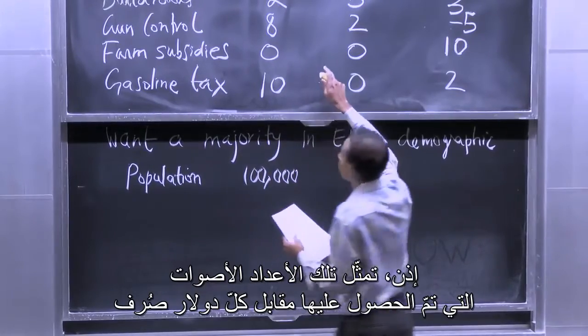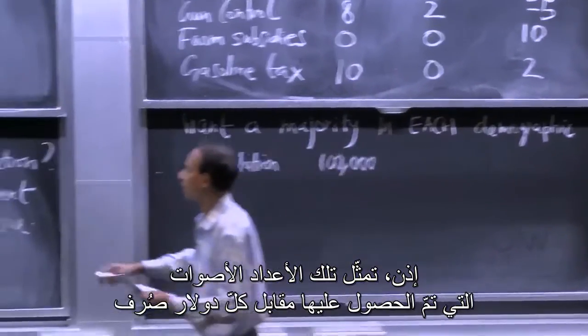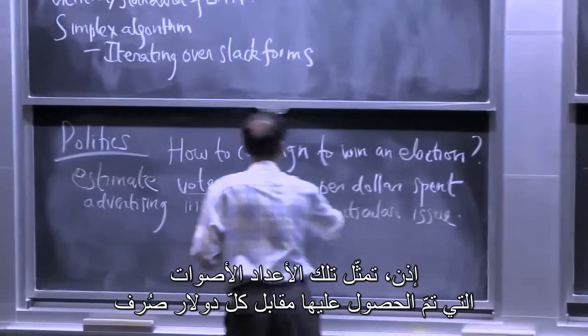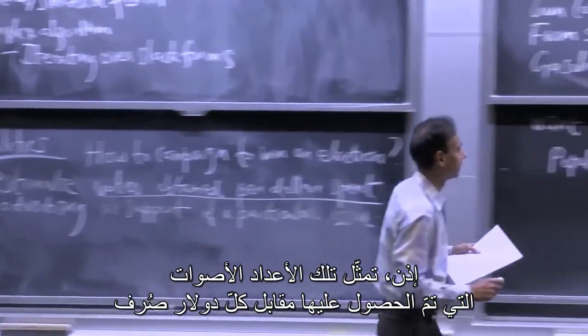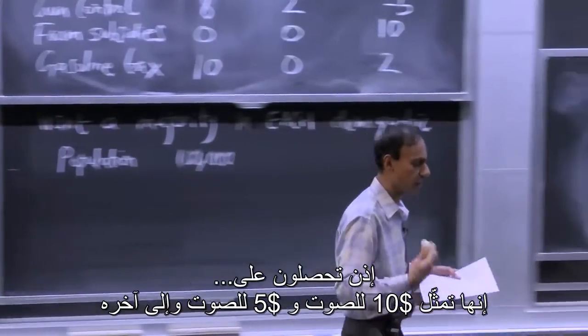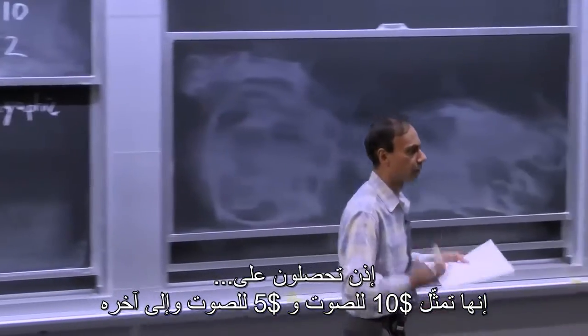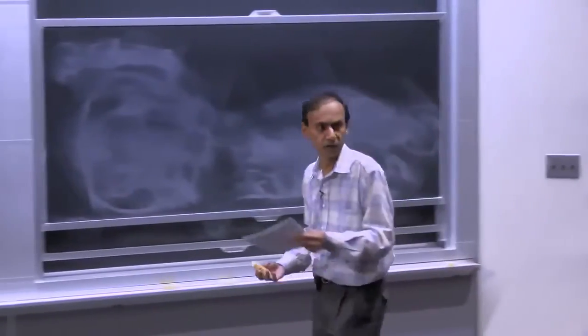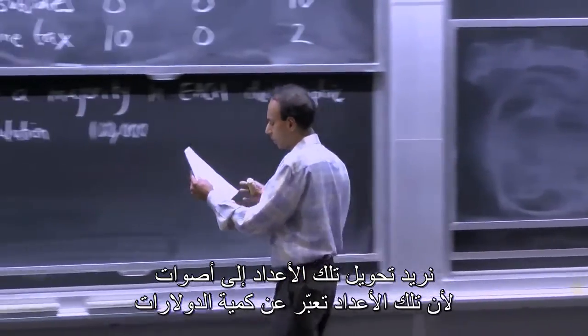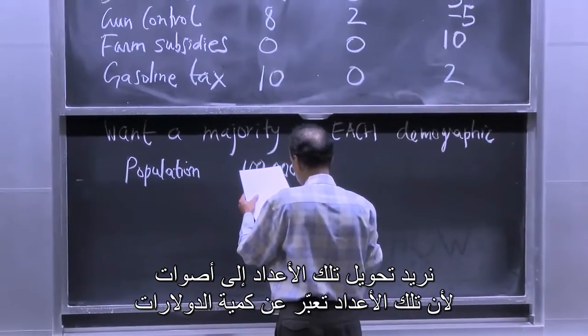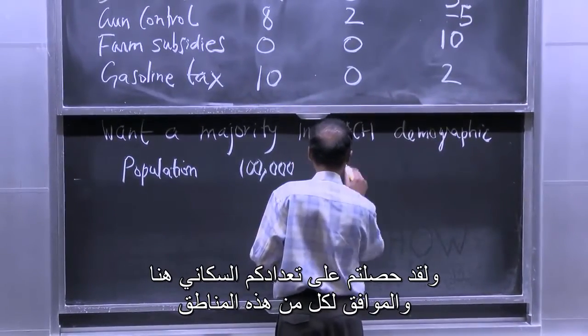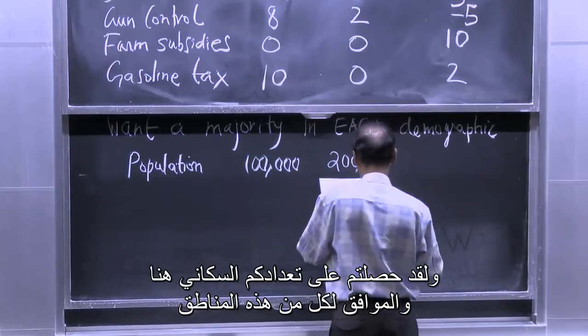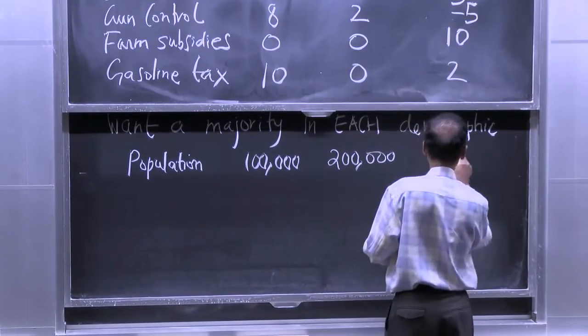So that's votes obtained per dollar spent, right? So you're getting, it's $10 a vote, it's $5 a vote, etc. And so we need to translate that to votes, because that's the dollars, and you got your population here corresponding to each of these areas.